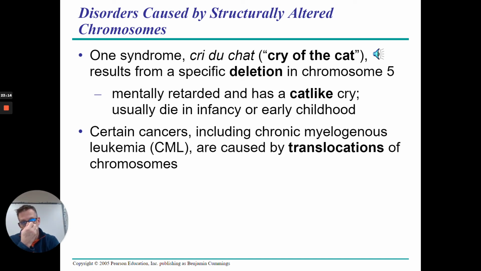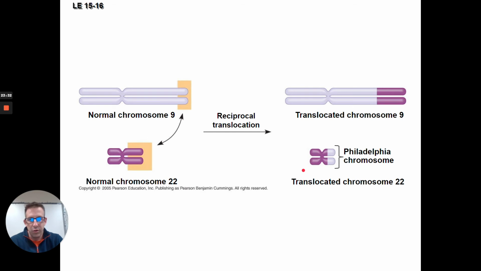Oftentimes these kids are mentally disabled, cognitively impaired. A lot of them die in infancy or early childhood. Very few of them actually make it into adulthood. Certain types of cancers, myelogenous leukemia, CML, is caused by a translocation of chromosomes.